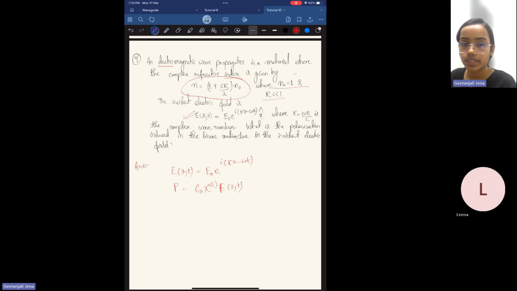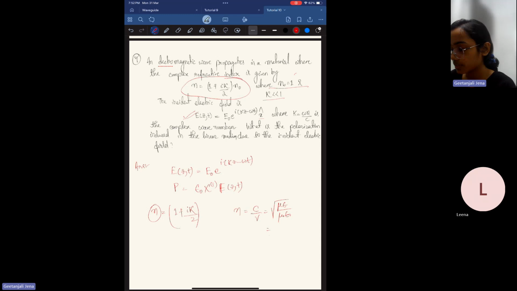You can see the refractive index is given as n equals 1 plus ik by 2. If you recall, the refractive index n is nothing but c by v, which is the square root of mu epsilon by mu naught epsilon naught.